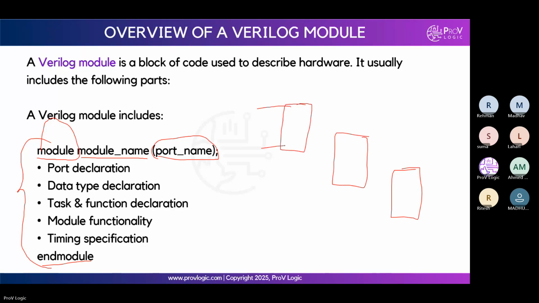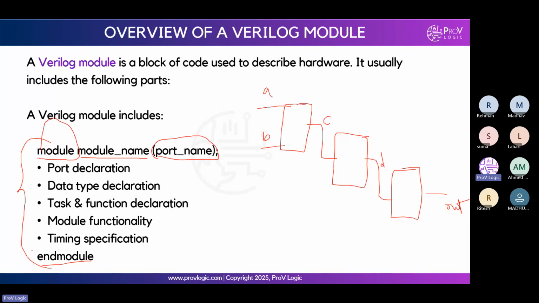Inputs are A, B, and the main output is out. This output is sent here, and this output is sent here. Here C is the output of the first multiplexer, D is the output of the second multiplexer, and here is the main output.